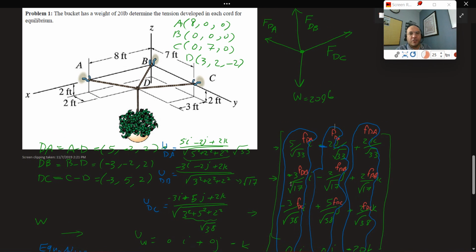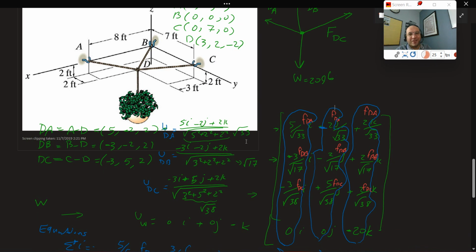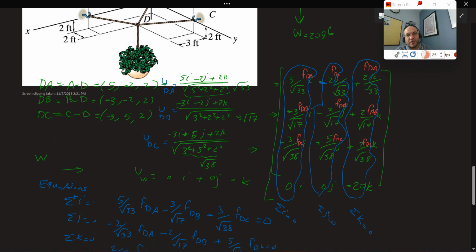So I'm going to multiply each of them by their unknowns. Right now I'm just going further with one step. In the first equation, for FDA we have root square of, again, everything on the top will be multiplied by FDA, everything in the middle by FDB, at the bottom by FDC, and then we can set up our equation for sum of I, sum of J, and sum of K. Again, we did it a little bit lazy this time.